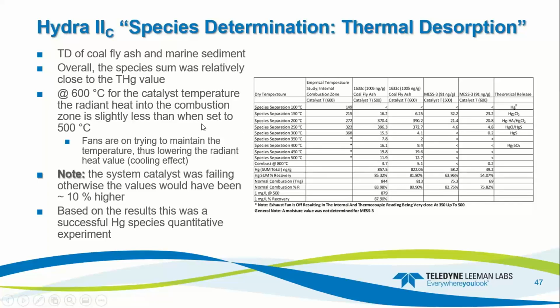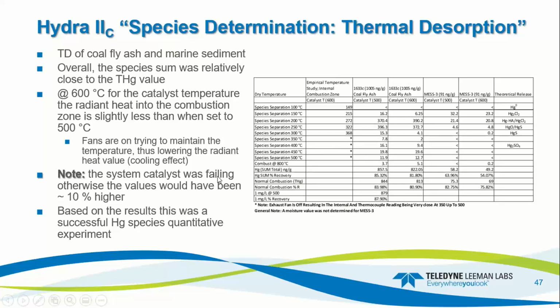I think that the radiant heat affects the thermocouple, therefore the fans are on and it drives down the temperature a little bit more. That's why when we go from 600 to 500, under those low values, at 600 you see less mercury emitted and measured, and it's the same across both sample sets, and that's due to the cooling effect from the fans.